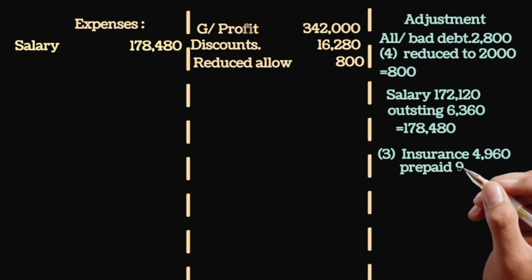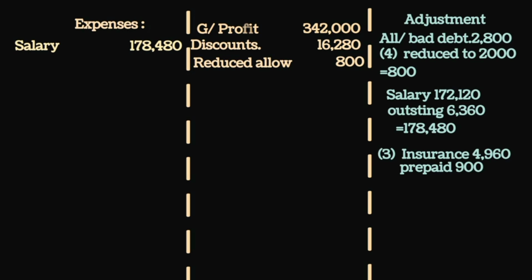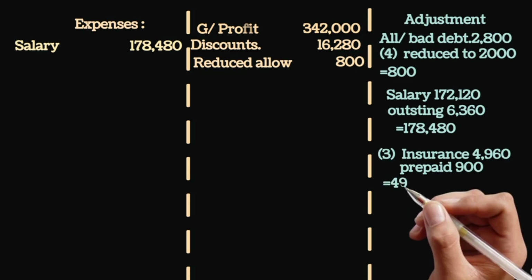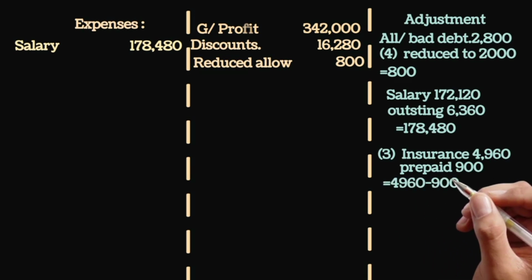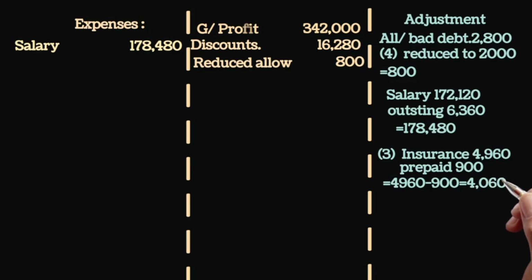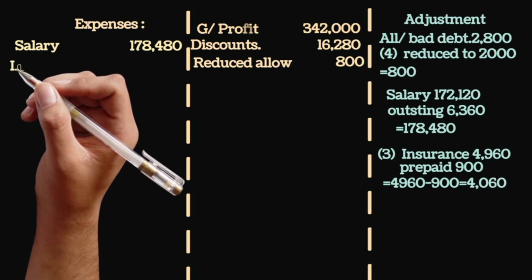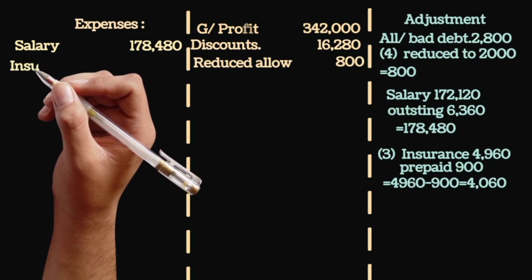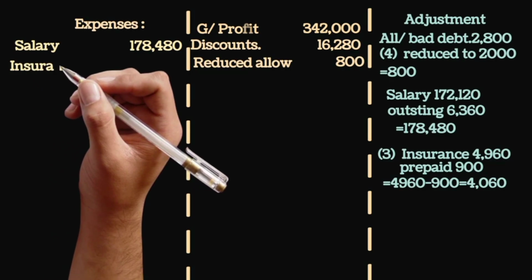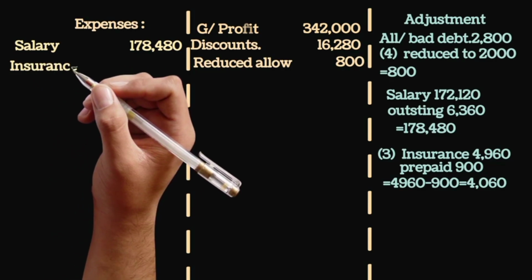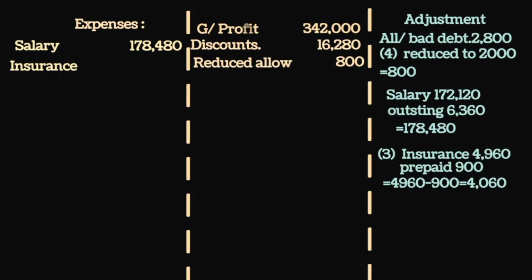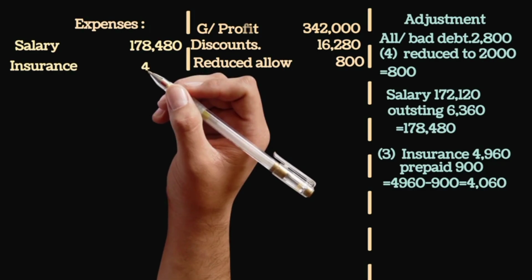Now, the next thing we are going to look at is insurance. The value of insurance in the question is 4,960, and there is a prepaid insurance of 900. So the insurance for the period is 4,960 minus 900, so that insurance for the period becomes $4,060.